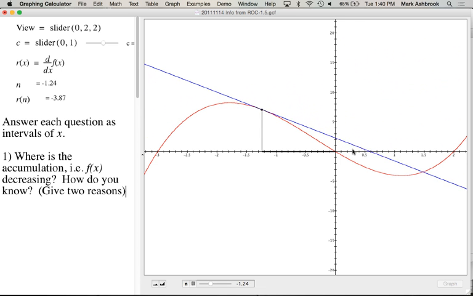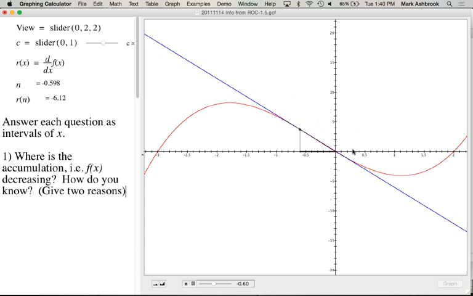Okay. This is for later. Just put this to the side.